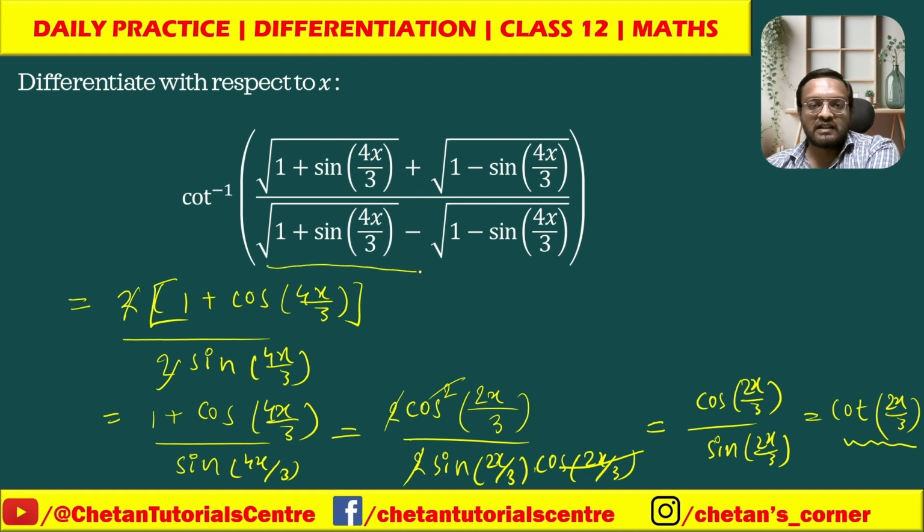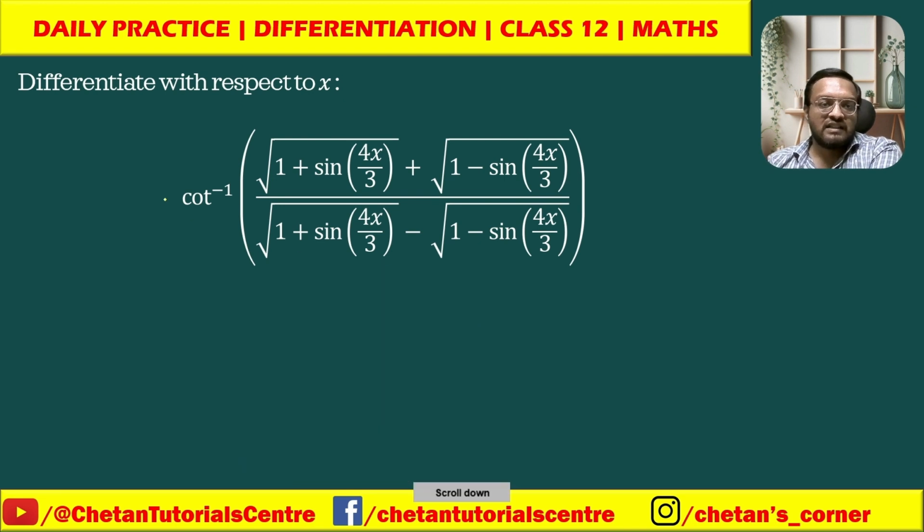So this entire term is equal to cot of 2x upon 3. So I will put this cot 2x upon 3 in this bracket. Then what I will get? y is equal to cot inverse of cot 2x upon 3.